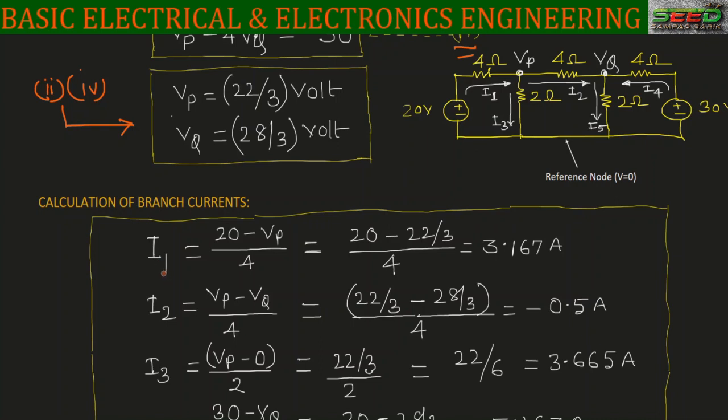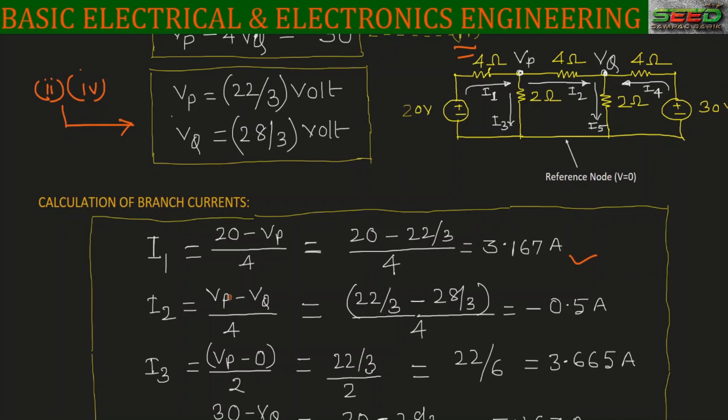So here you can see the current I1. We have already written this equation, we just need to replace the unknown parameter Vp here. So you will get 3.167 ampere. In the same way I2 can be written as Vp minus Vq by 4.